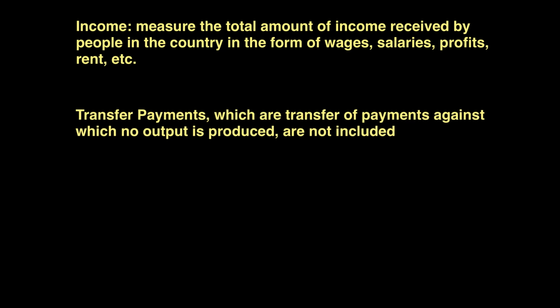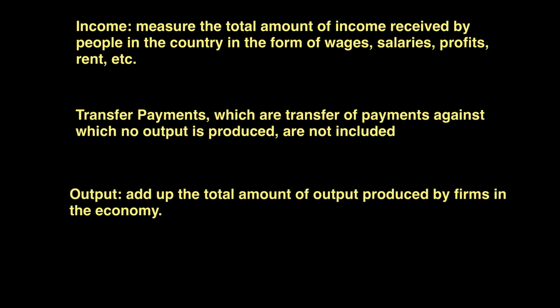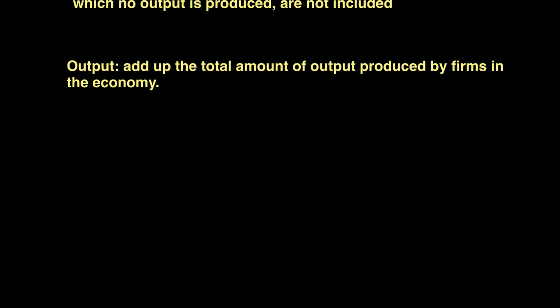The last approach to look at is the output approach, where we add up the total amount of output produced by firms in an economy. Here we need to make sure that there is no double counting taking place, which means that we don't add the output of each firm two times.